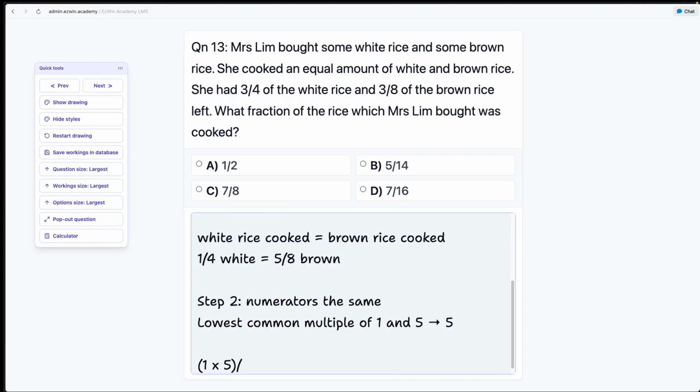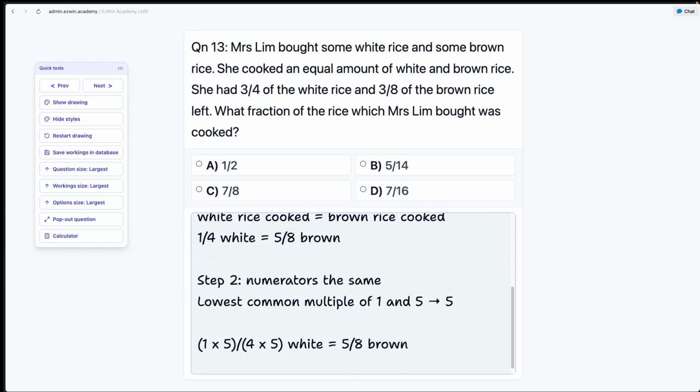But we must not only change the numerator, we also must change the denominator. So that means 4 times 5 as well of white is equal to 5/8 brown. So what does that turn into? 1 times 5 is 5, 4 times 5 is 20. White is equal to 5/8 brown. All right.